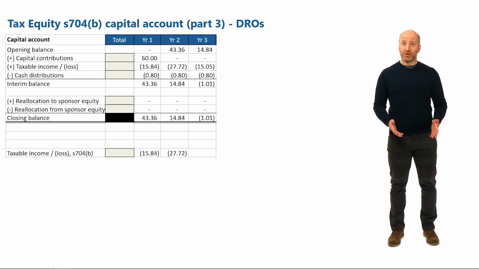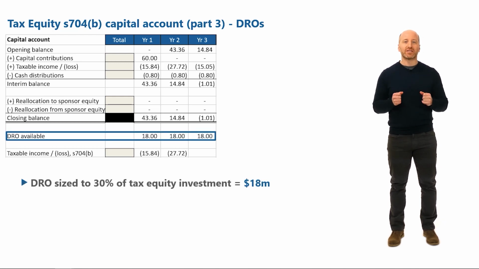The interim balance in year 3 is negative 1.01 million, exactly as earlier, and we've sized the DRO at 30% of the investment size, which is 30% times the tax equity partner's investment of 60 million, which equals 18 million. This is slightly lower than is common in the market in order to just demonstrate the mechanics.